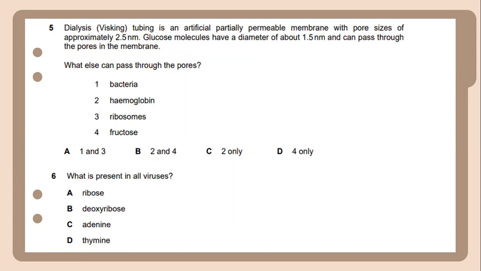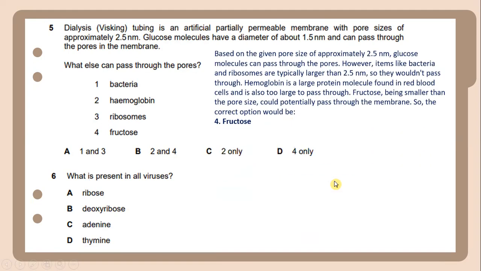Dialysis tubing is an artificial partially permeable membrane with pore sizes of approximately 2.5 nanometers. Glucose molecules have a diameter of about 1.5 nm and can pass through the pores in the membrane. What else can pass through the pores? 1, bacteria; 2, hemoglobin; 3, ribosomes; and 4, fructose.